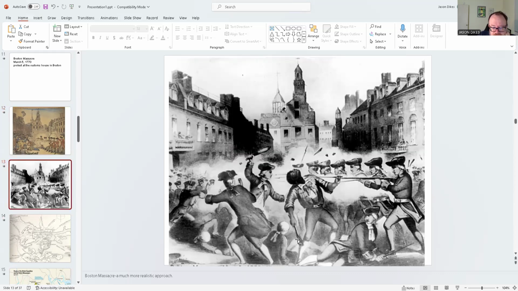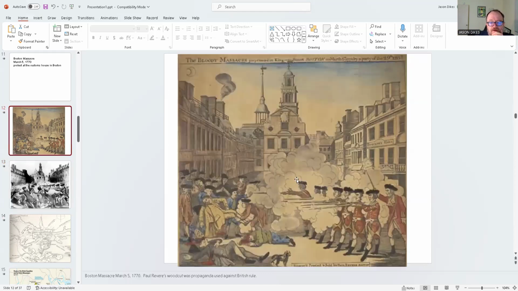See this bat Crispus Attucks is holding? They had been swinging those right in front of the British soldiers' faces, trying to get them to overreact. Okay, you don't see that in Paul Revere's propaganda.